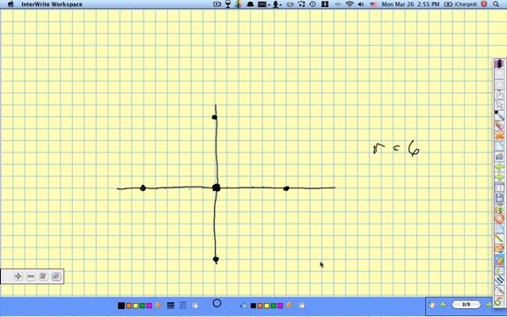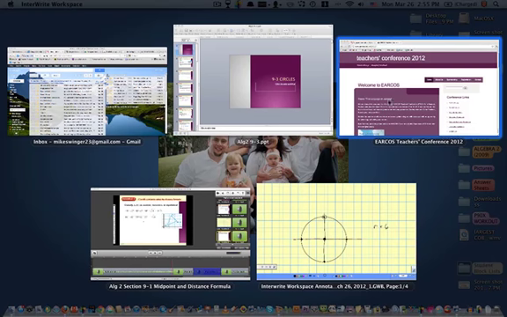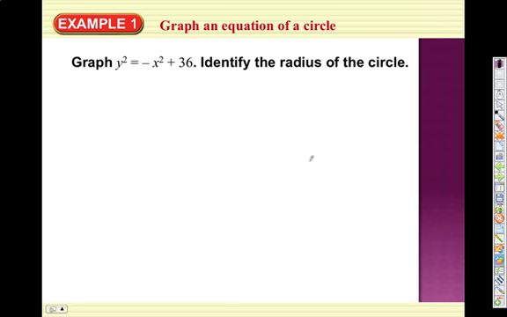I'm actually going to use one of these and draw one. There we go. Okay, so that's how you find out what your radius is. You just solve for r, and you plot r up, down, left, and right. Okay, find your center 0, 0. Alright, pretty easy. Example number 2.